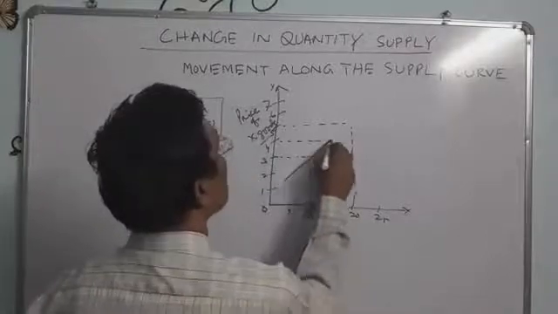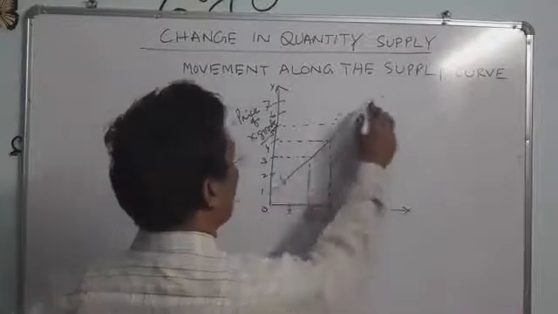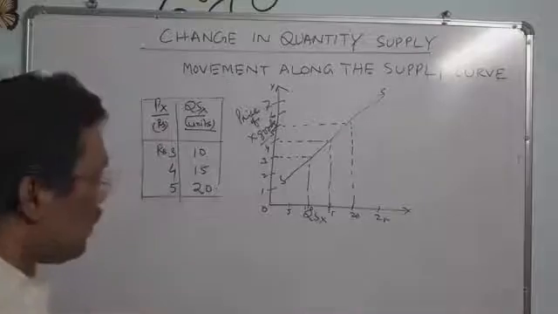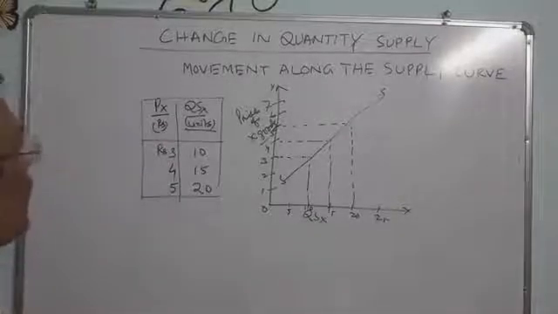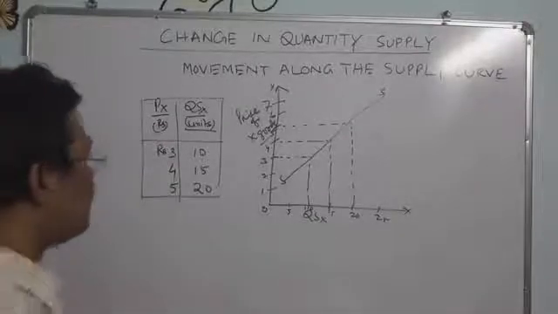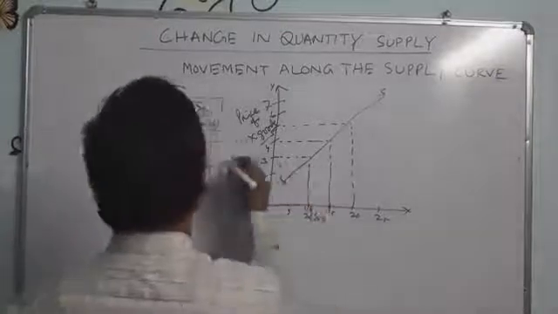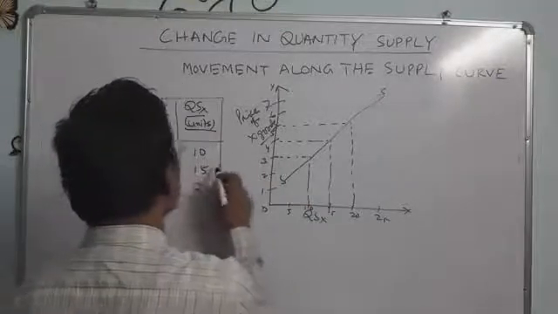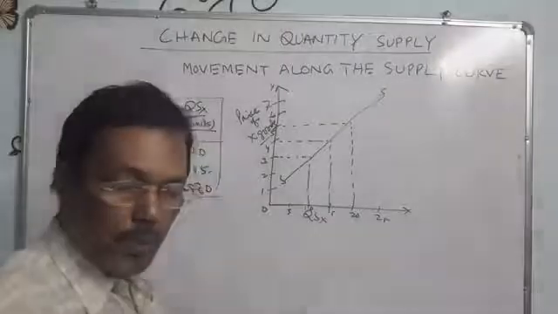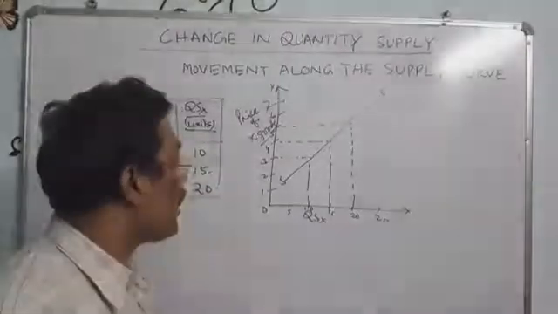This is the shape of the supply curve. So SS is the supply curve, as we have already known. Now, at rupees 4, how much quantity is supplied? 15 units.